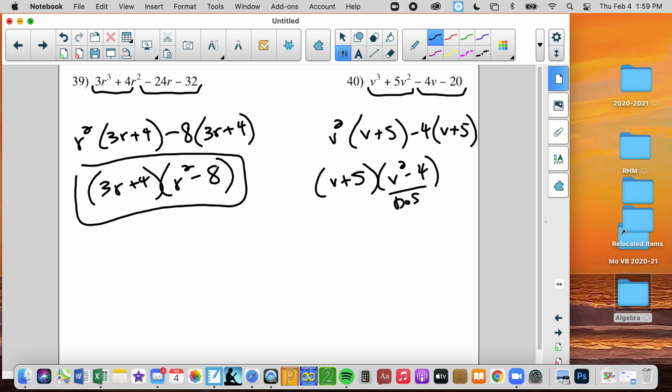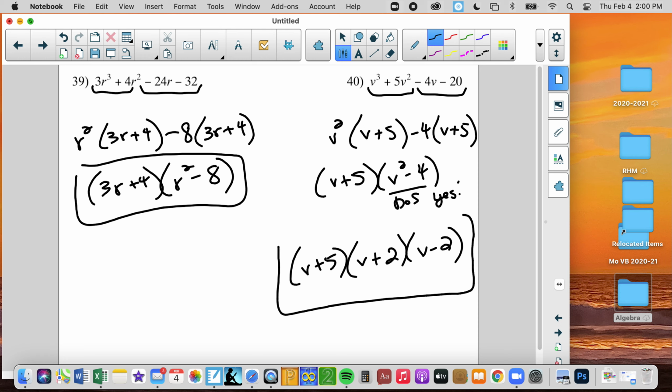Two terms, subtraction, both perfect squares? Yes. So I can factor this again. So I get (v plus 5), and then the v squared minus 4 is the difference of squares, so I'm going to produce conjugates. Take the square root of the first, take the square root of the last, and then give opposite signs. So that would be your answer for number 40.